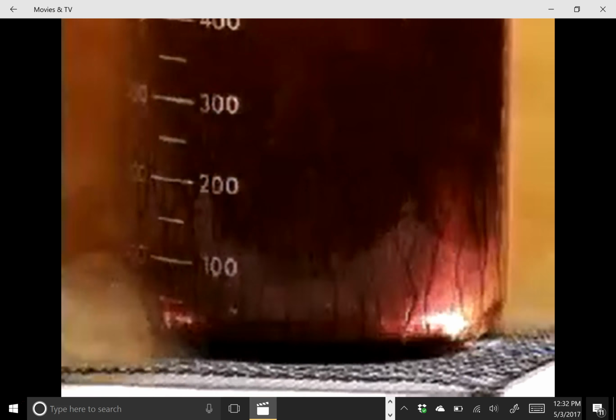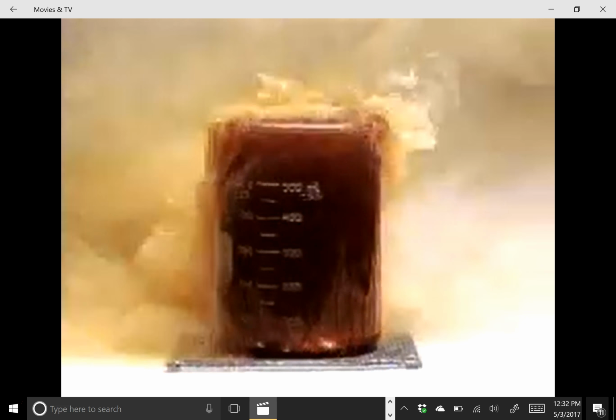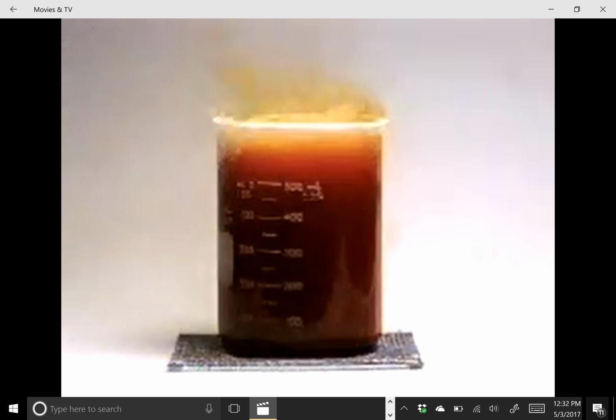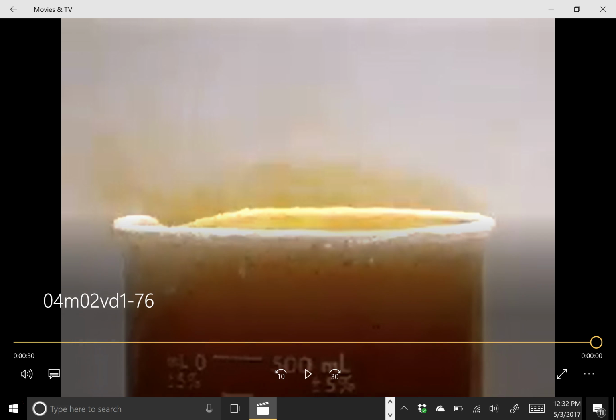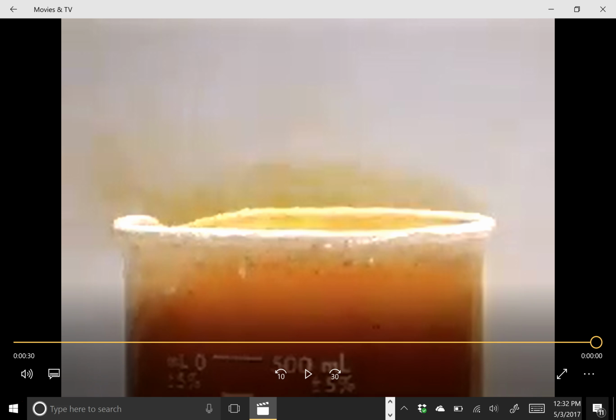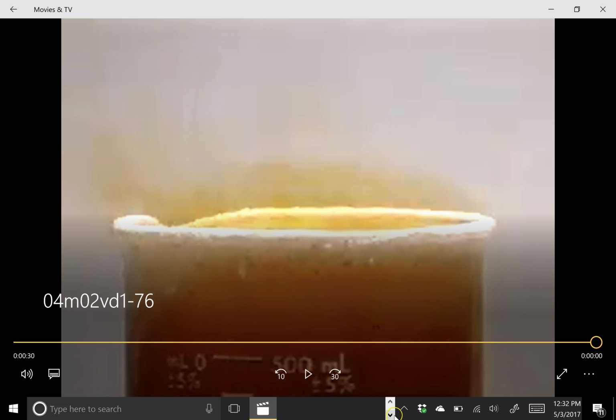The elements react to produce aluminum bromide, which consists of 2 aluminum atoms for 6 bromine atoms. It is visible as a white powder deposited on the beaker. That's neat. So endothermic or exothermic? Exo, yep, for sure.